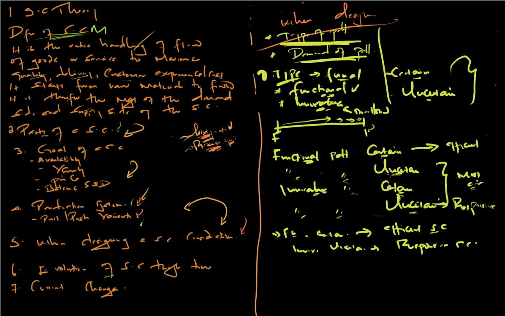Then the last one is an innovative product, but the demand is certain. So why not choose an efficient supply chain system? But when looking at it, you must look at the case study and all the data that you are getting from that case study and make an informed decision. Is it an efficient system or a responsive system?